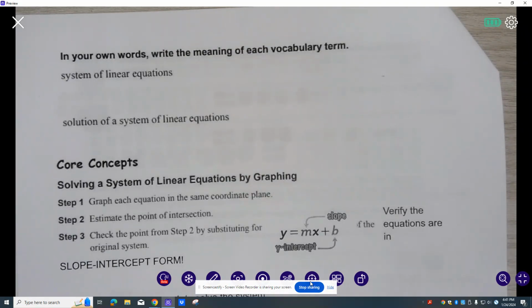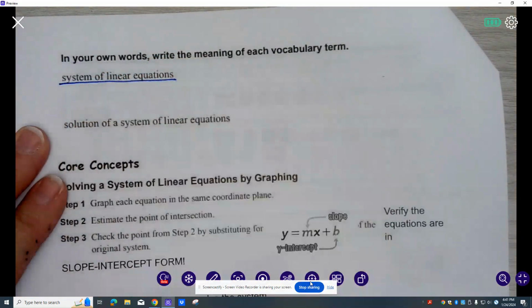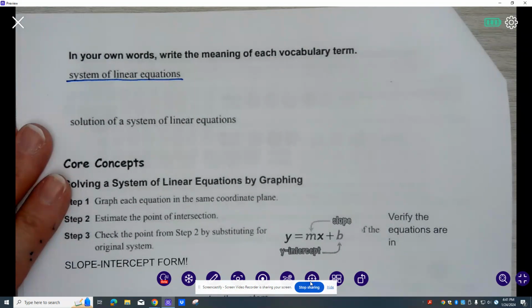What we are talking about in chapter 5, the whole chapter, is what we call a system of linear equations. That's what we're defining right here. All this means is 2 or more lines graphed on a coordinate grid.